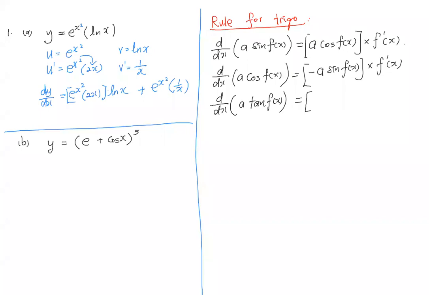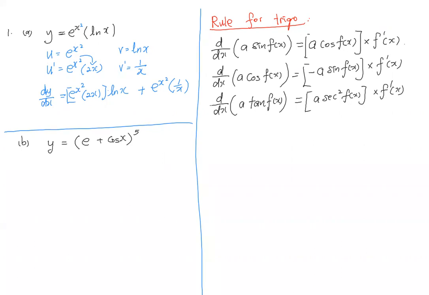You get secant square. There are some others, if you want to write down, it is so much better. Like secant is 1 over cos. And a lot of other things. So trigo, you need to prepare your own formula. These are the basics.